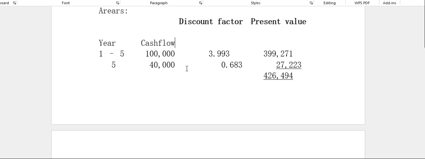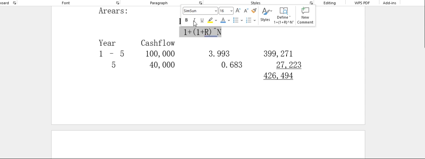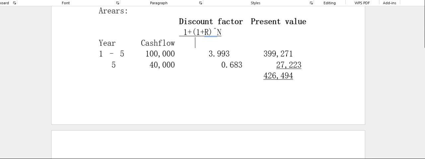We use the annuity formula, which is always: 1 minus (1 plus R) raised to power minus n, all of this divided by R. I hope we are still together. This is your annuity formula.